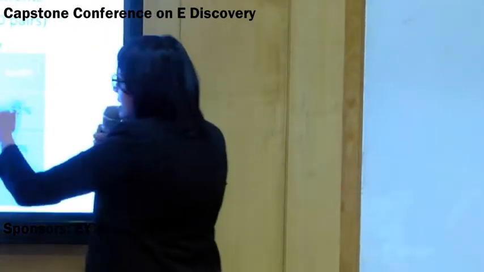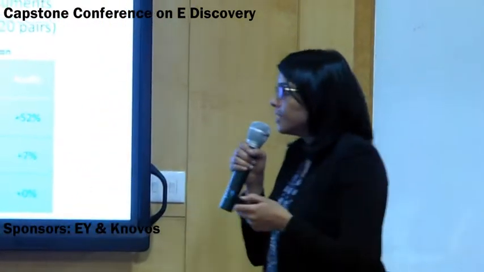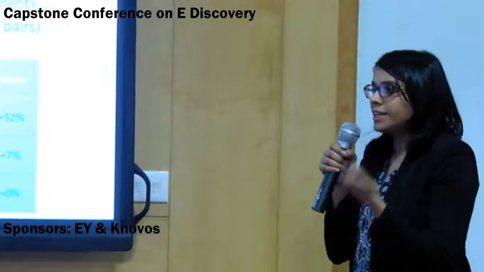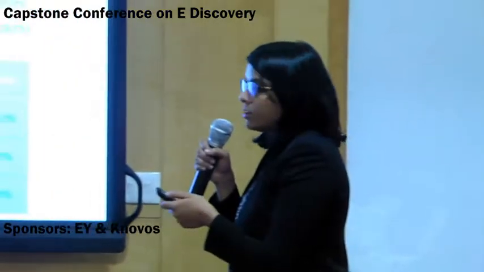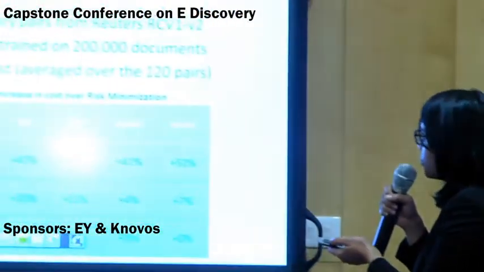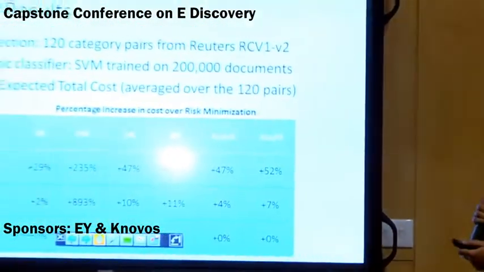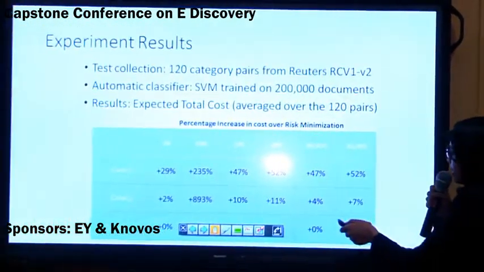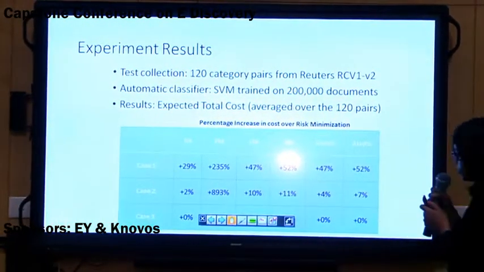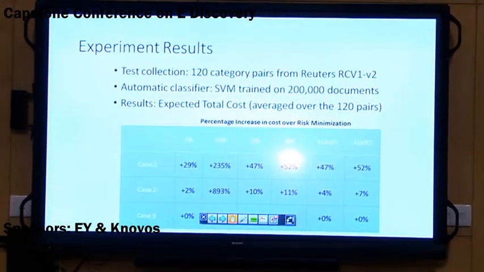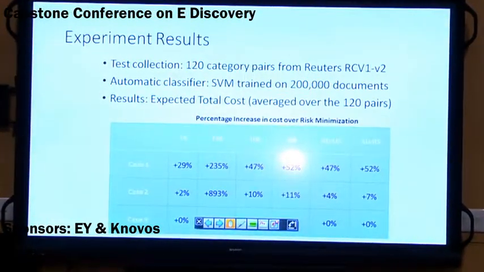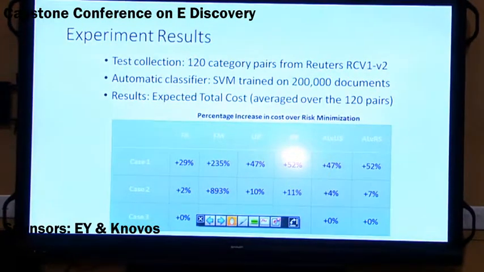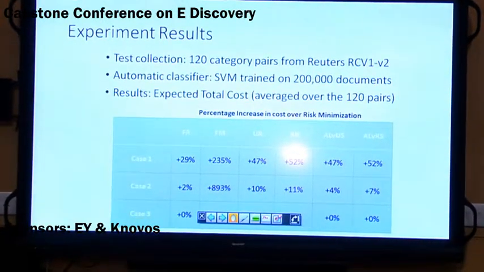So what you see in this table is the percentage of cost savings, in thousands of US dollars, that our ranking system actually saved. You can see that case 1, case 2, and case 3 are three numbers that we got for each of the cost matrices that I told you.